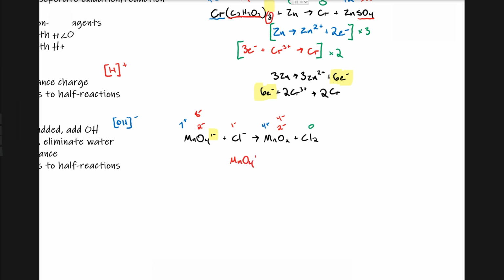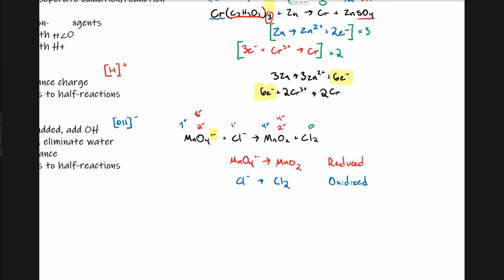MnO4 negative going to MnO2, and that is reduced. Okay, let's take a look at our chlorine. Chlorine right here is negative, and that's going to Cl2. That is being oxidized.